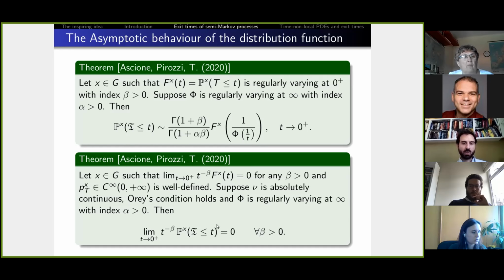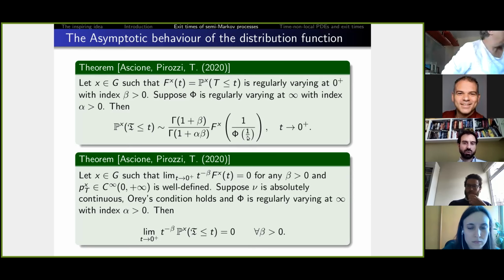This is what is needed in the context of the time change of the Ornstein-Uhlenbeck process. This is just the general statement. So if the behavior before the time change is this behavior with this capital F function, then after the time change, it is affected by introducing this rescaling here.